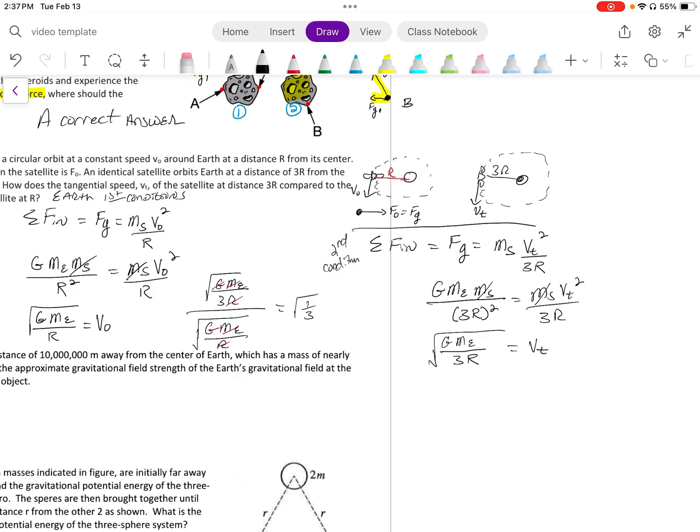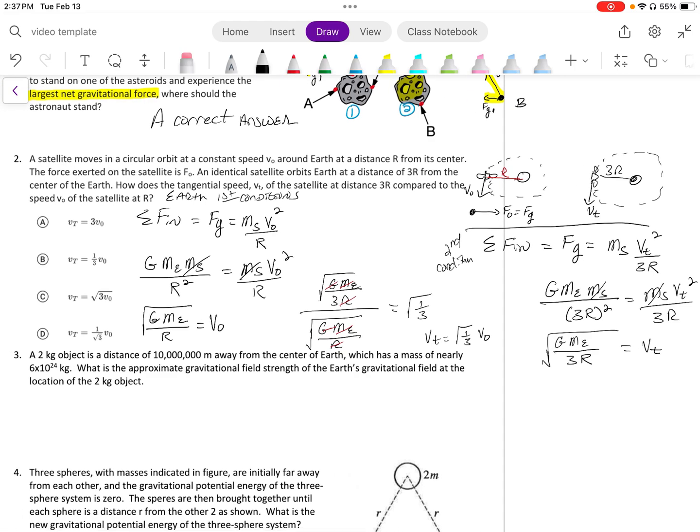And that's the factor. And so we know that V_T is equal to the square root of 1 over 3 times V naught. That simplifies into 1 over the square root of 3 times V naught.